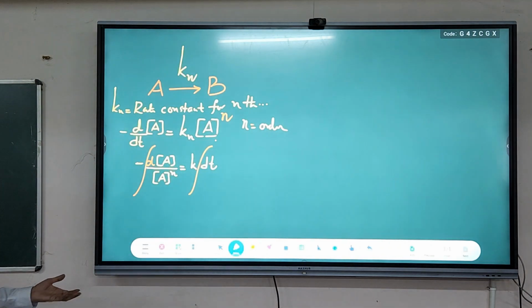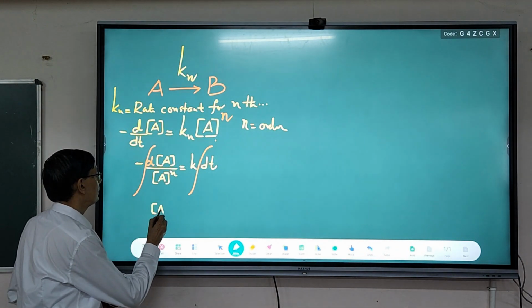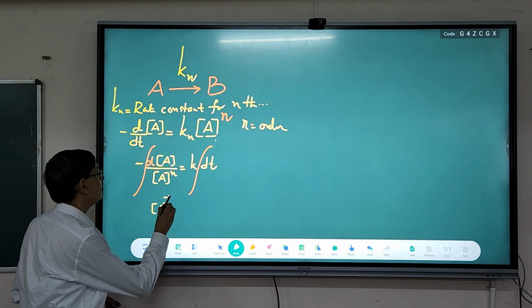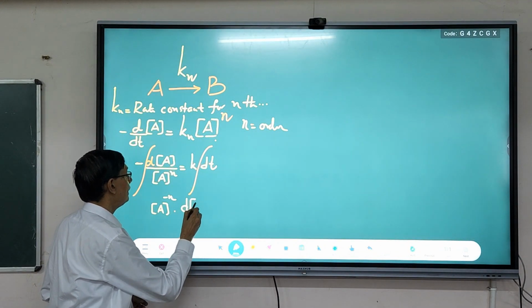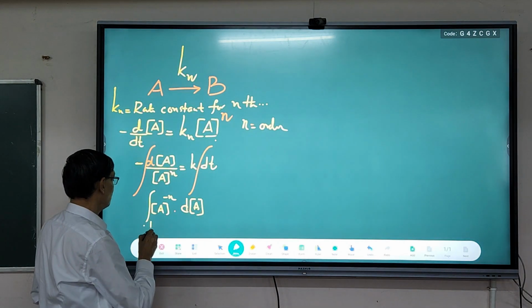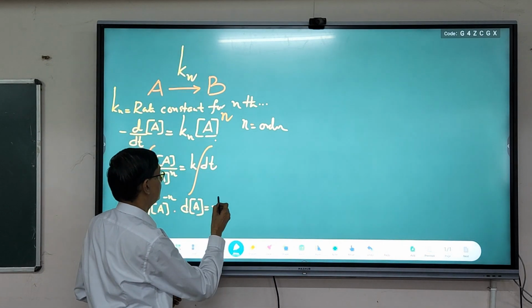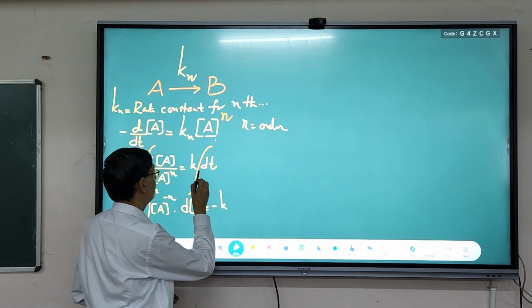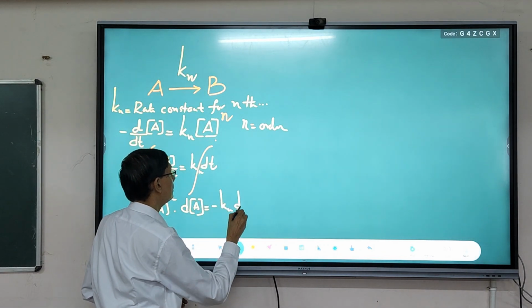The system is same. So the integral of A to the power minus n dA from 1 to 2 equals minus Kn dt.